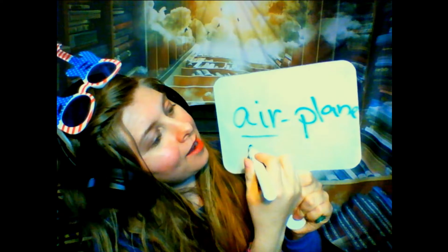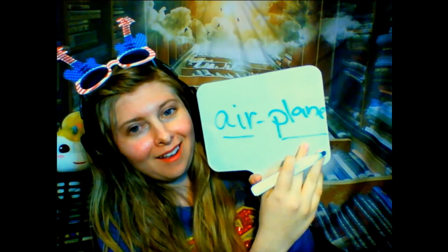You can write it on the whiteboard, and then you can sound it out. Like if they're learning about airplane, then you can write the word airplane. Airplane. Airplane. Good.